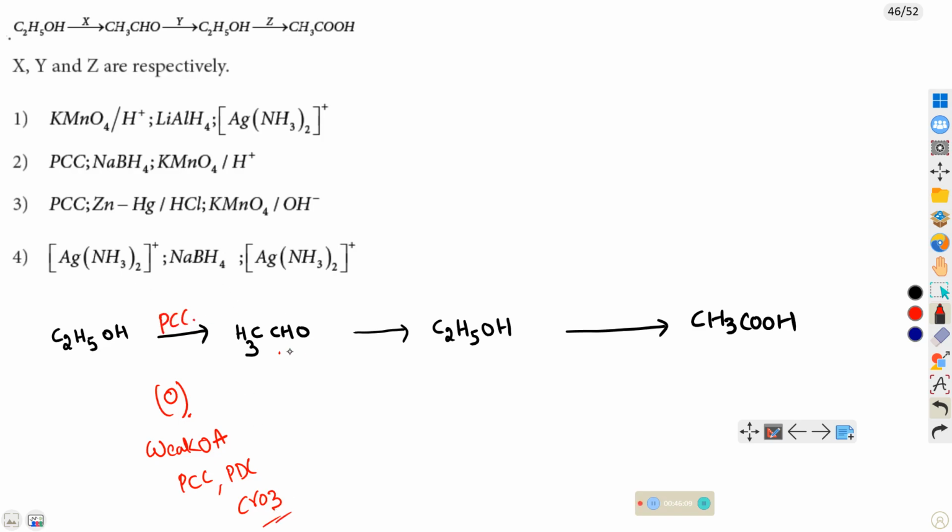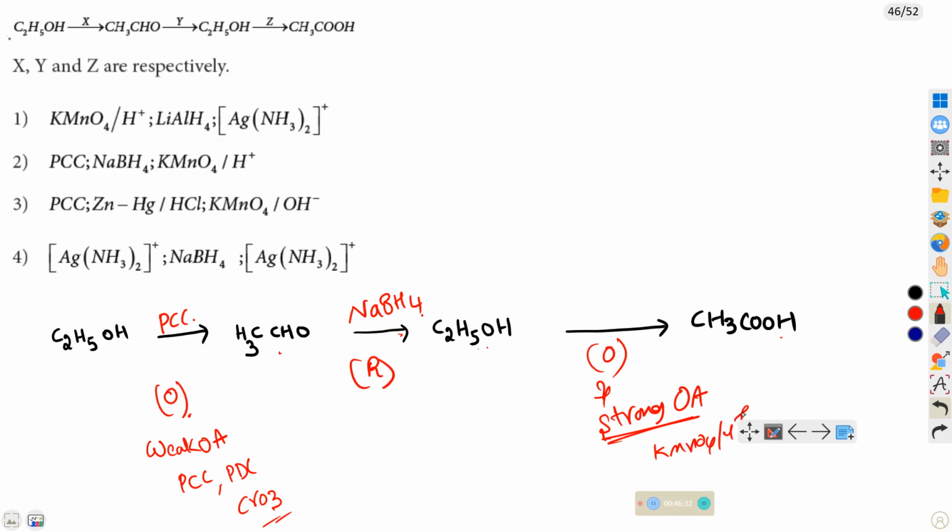Now, aldehydes undergo reduction, then give alcohols. Use NaBH4. Alcohols are converted to carboxylic acid, again oxidation, but a strong oxidizing agent is required: KMnO4 with H plus. Second option correct.